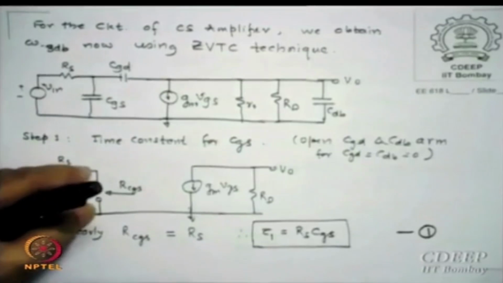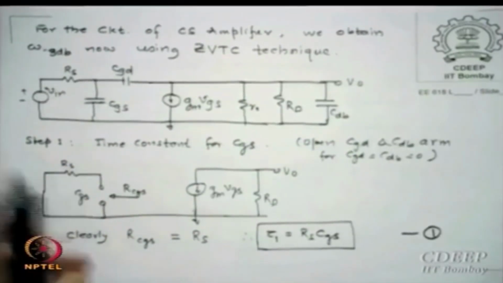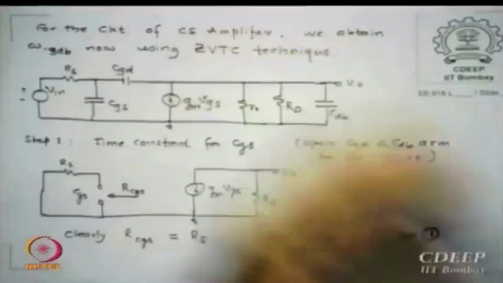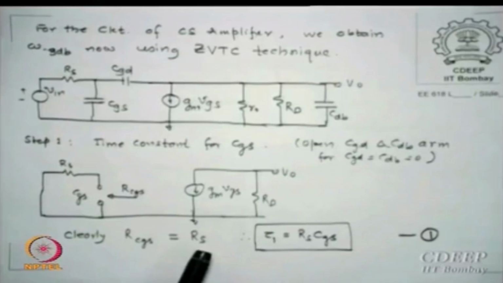Now I want to see, seeing from CGS, what is the resistance it is seeing. If this is not there, this is not there, I removed this, okay, then I see how much resistance is seen by CGS, only RS. So if I name it R_CGS, then R_CGS is nothing but RS.